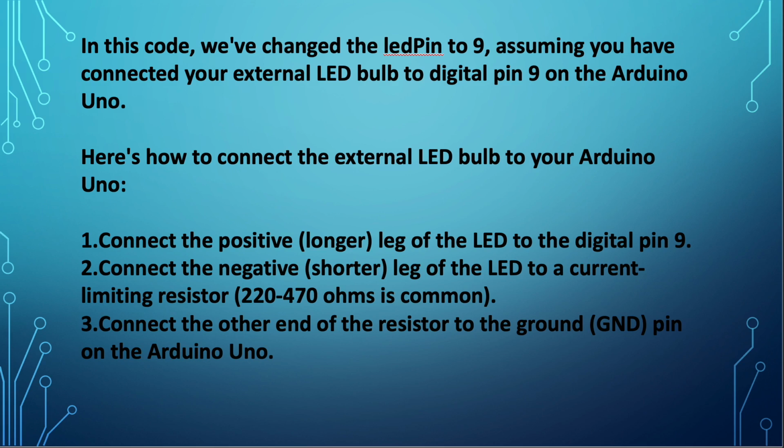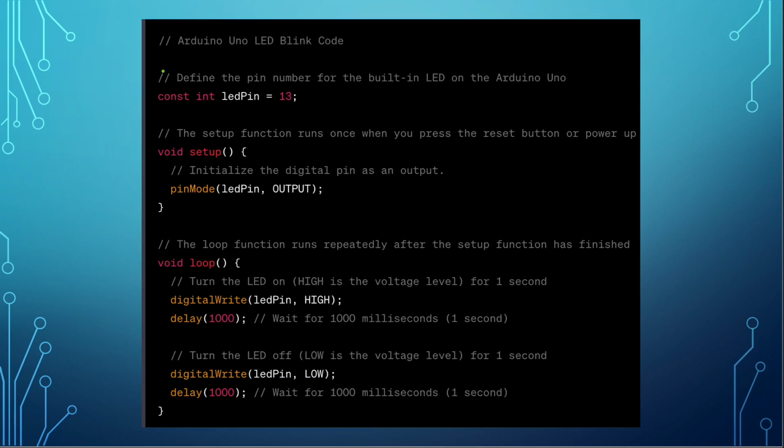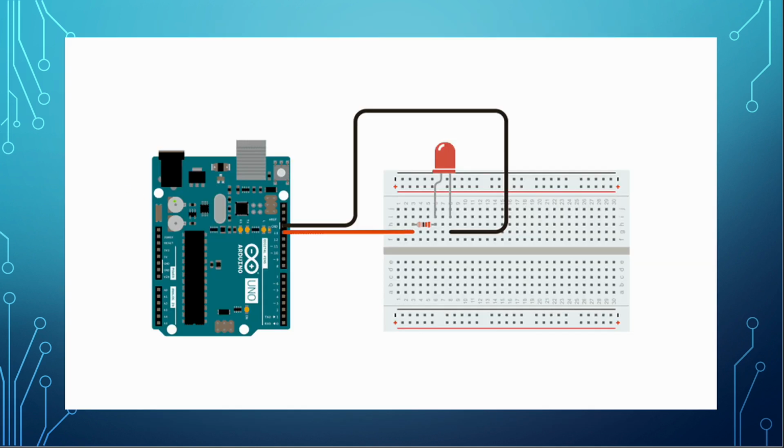So here of course it is the normal LED blinking code, right? And we went through the code. Port 13, we know that there is an LED on port 13, right?